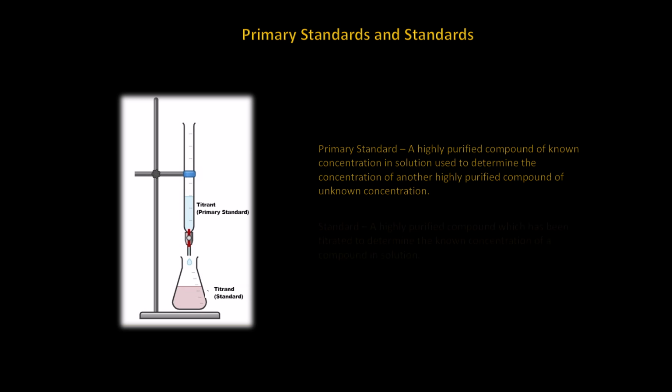Standards, on the other hand, are pure compounds in solution that have known purity, but the concentration is not known. These solutions are titrated to determine their true concentration. Once the solution is titrated with the primary standard and its concentration is known, it becomes a primary standard. Now, this process of determination is commonly referred to as standardization.